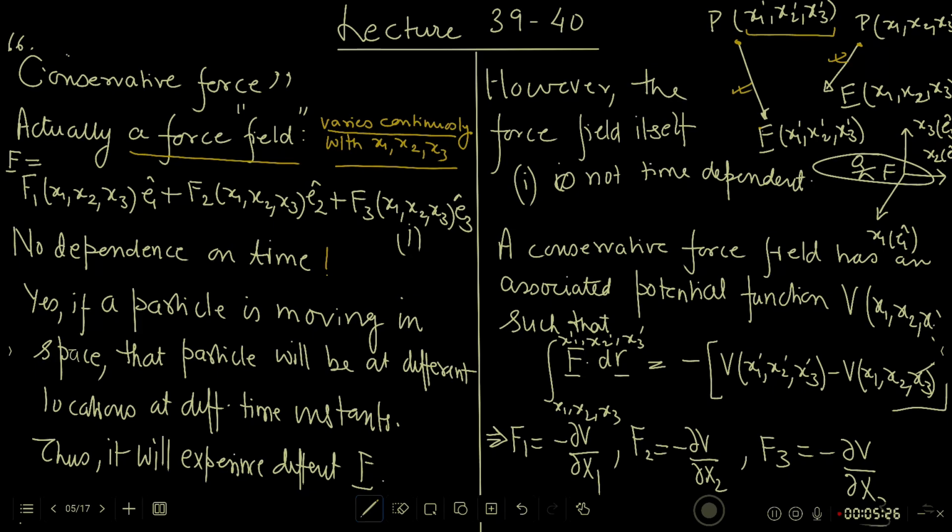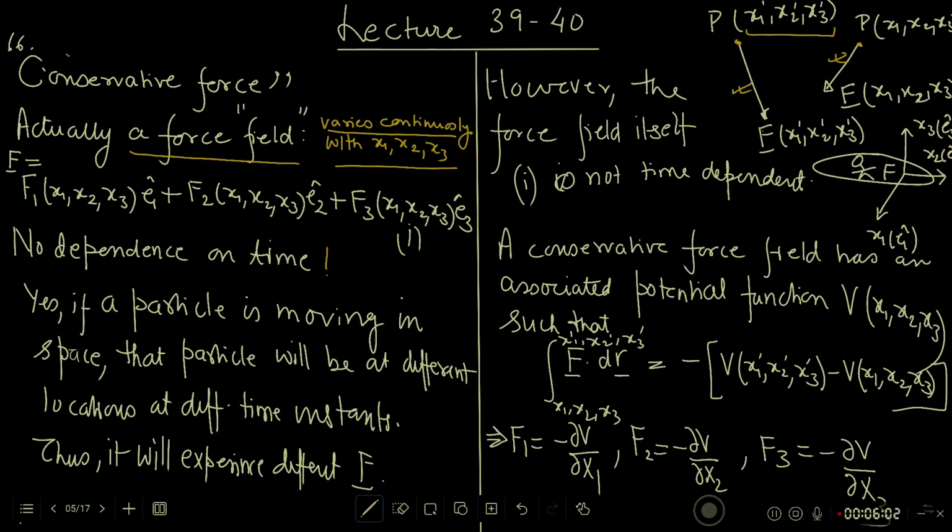Gravitational field is an example of a conservative force field. Gravitational force field exists everywhere. If you are the particle or you are the system of interest, you go anywhere, the force kind of follows you. Its magnitude, its direction may vary with where you are right now. If you are very close to the Earth's surface, yes, you can say that the gravitational force field is constant. You go anywhere, it's the same, m times g, where g is always pointing downwards.